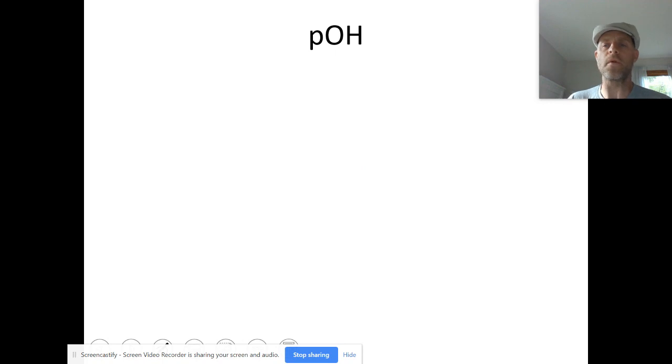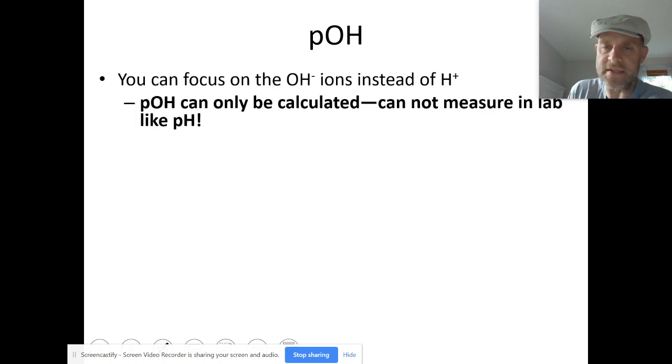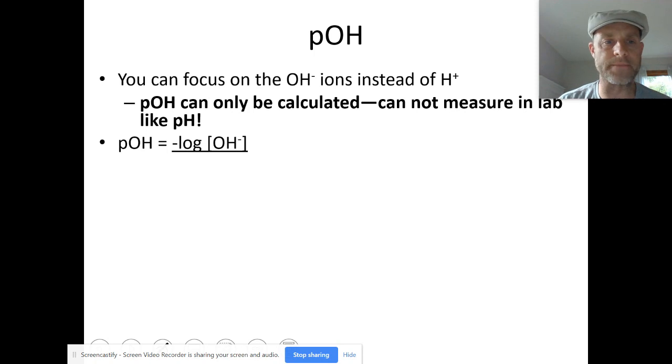How about pOH? What in the world is that? You can focus on the OH ions instead of the H plus, but here's the deal: you can't actually measure that in the lab, you can only calculate it. So if you ask why pH is the one used and not pOH, well, you can use pOH, but it's just a calculation, not a measurement in the lab.